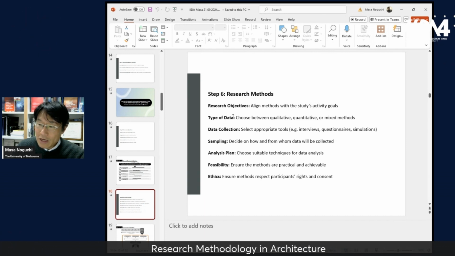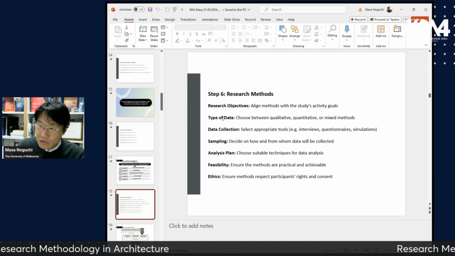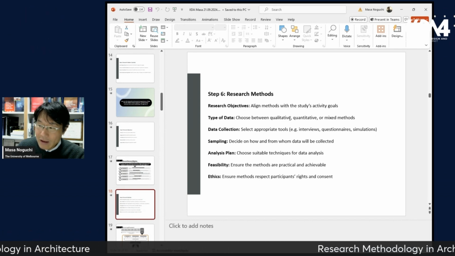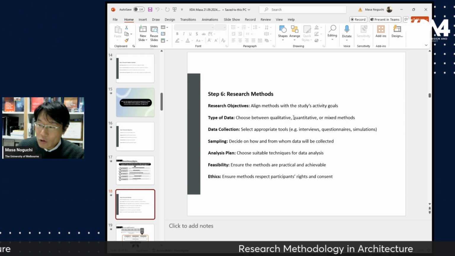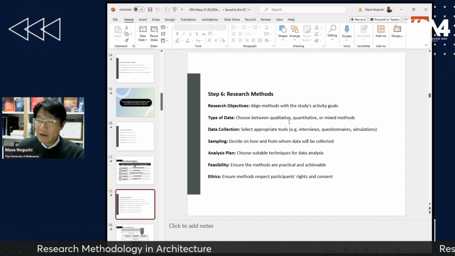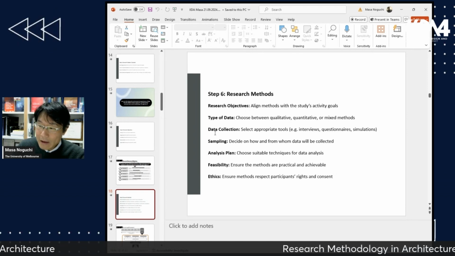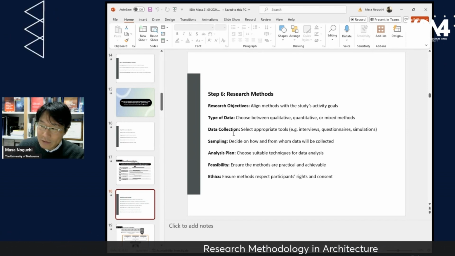What kind of data do you want to collect? Is it numbers or quality, or a mix of both? Qualitative data, quantitative data, or mixed? And data collection, how to collect the data.